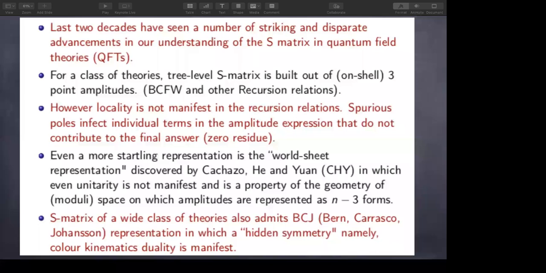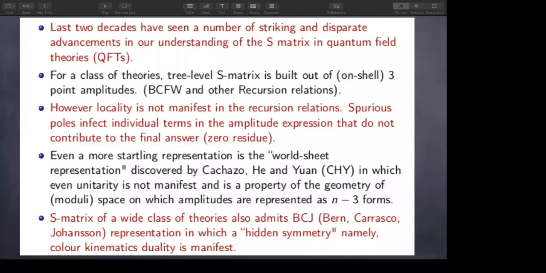But there was an even more striking representation of amplitudes, proposed by Cachazo and He and Yuan in 2013, which we can call a worldsheet representation because it was very much inspired by string amplitudes. In this representation, even unitarity was not manifest in any direct sense.